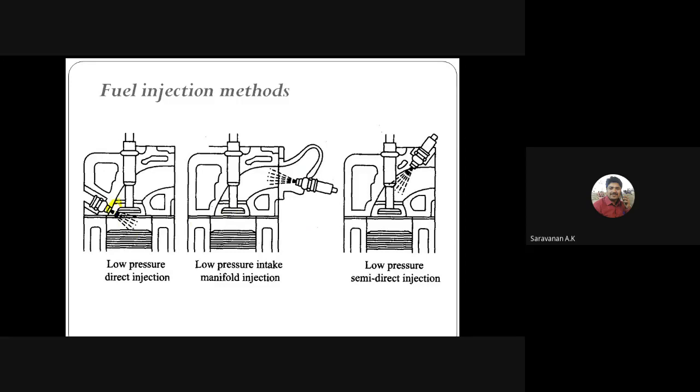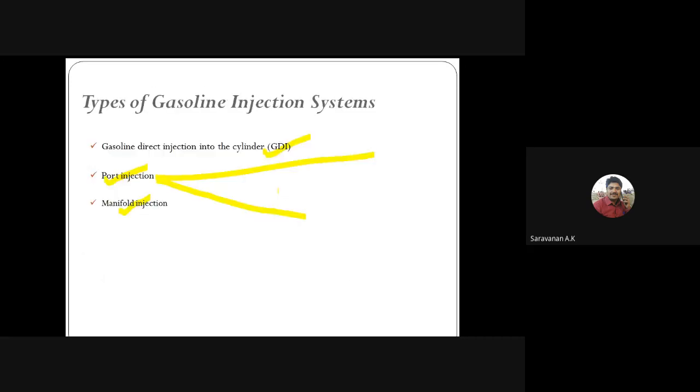See here, or here. Here we have types of injections: one is the direct injection and one more is the manifold injection, that is, the port injection or manifold injection.